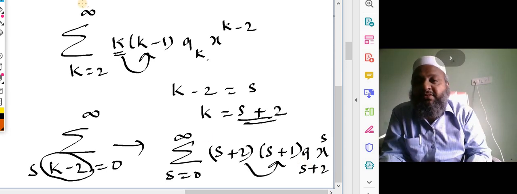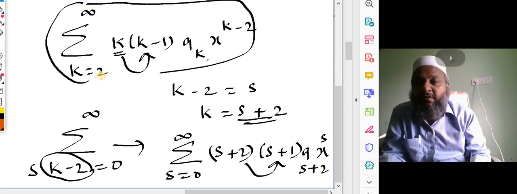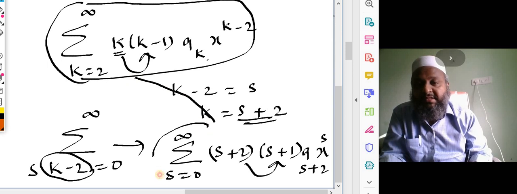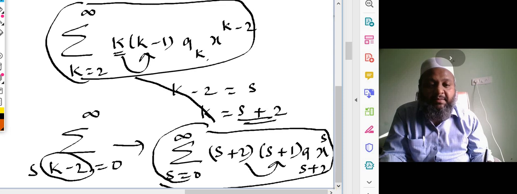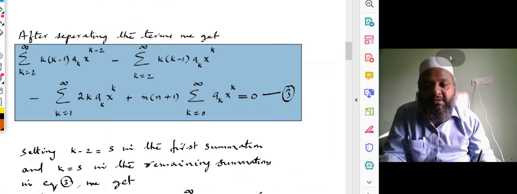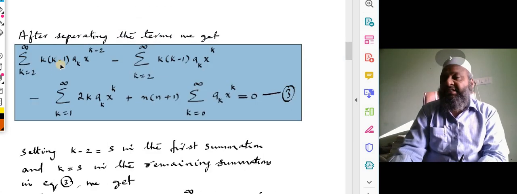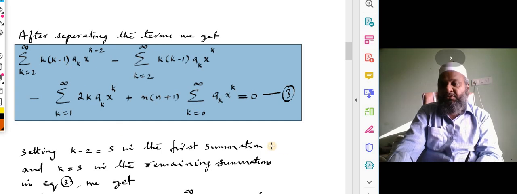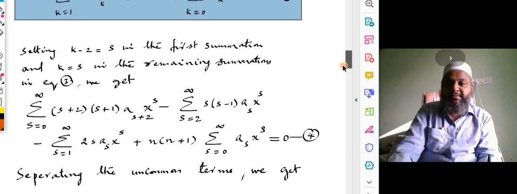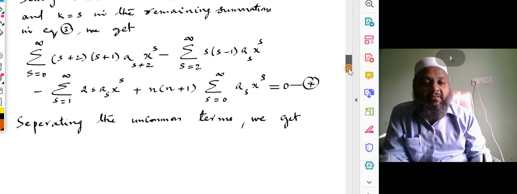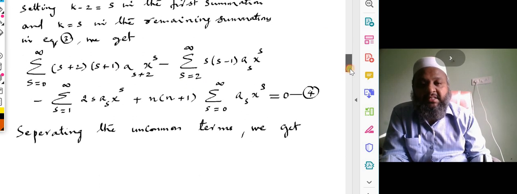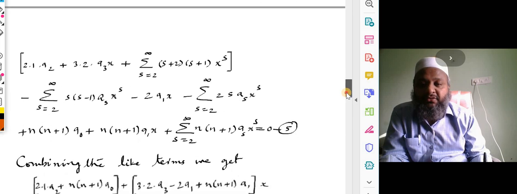So this particular summation is now going to become this particular summation. That is what is done in that next step. So this is now reduced to this summation. Similarly, the second one, we have not made any changes, just k equal to s. So this step is over.